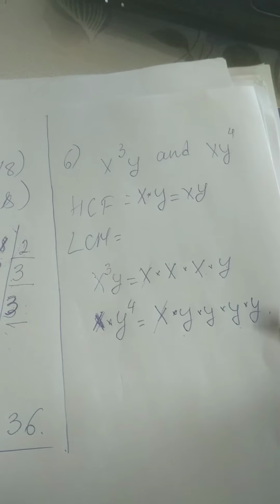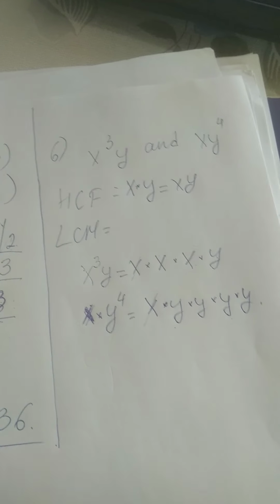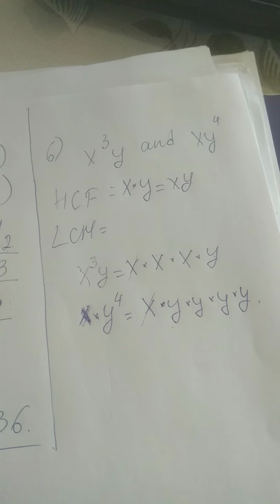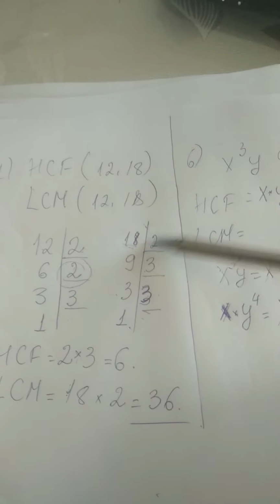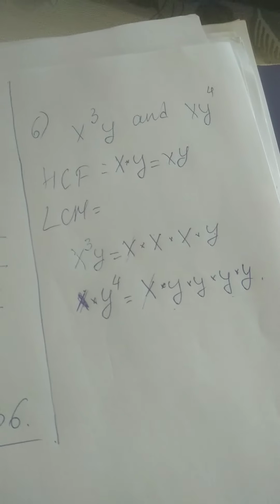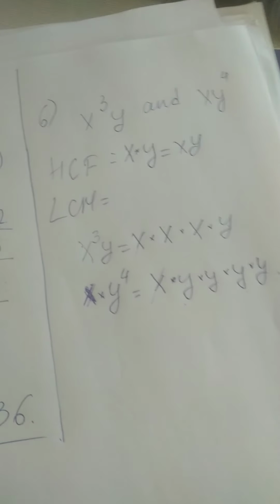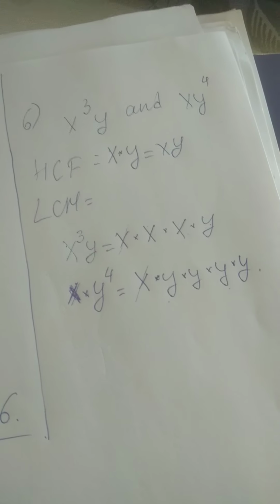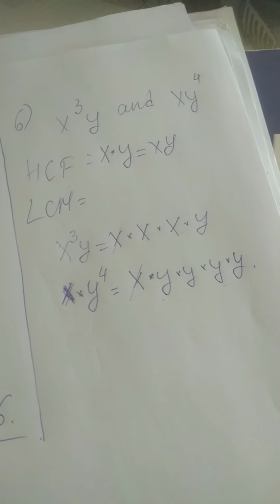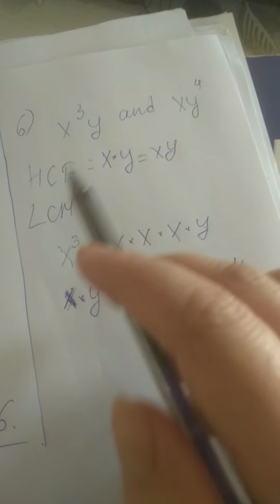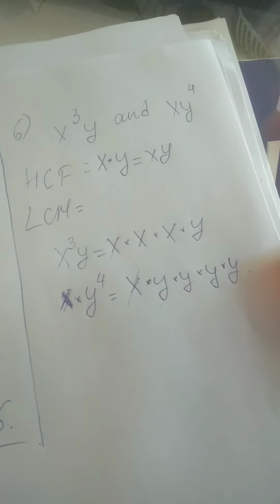Then LCM. So you need to know how can we find the LCM? Because teacher, you told us we should choose the biggest one. So how can we find here which one is the biggest one? Guys, for the expressions, you should detect which expression can divide by both of them.